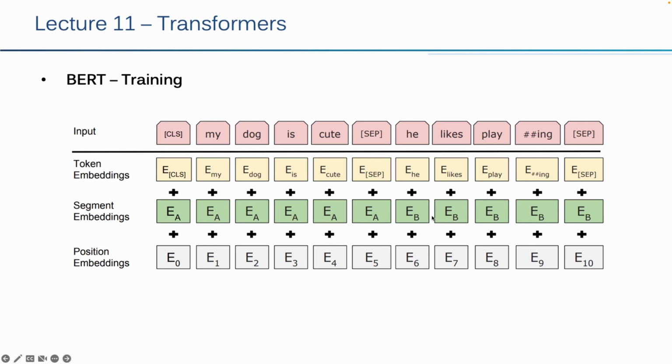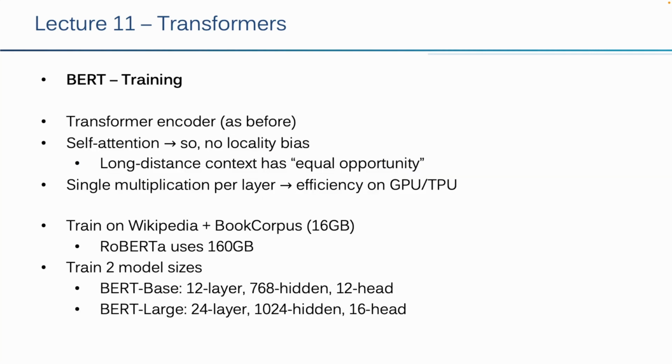So if you imagine this in a multidimensional space, you would shift all of the embeddings that are in A in this direction, and all of the embeddings that are in B in this direction. So you have more separation between them. And the position embeddings we talked about are there to say, this is the first part, this is the second part, this is the third part, and so on. So where is the text in the sequence? And all of this together composes the final embedding that is passed through the network.